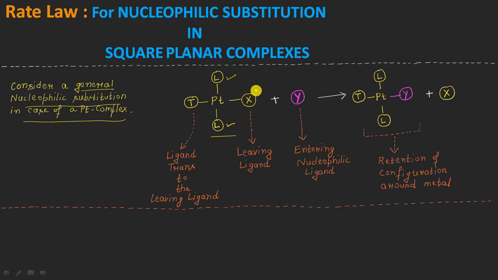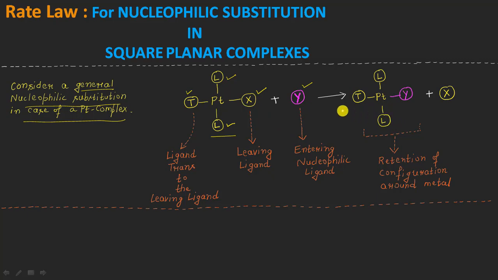And this is the leaving ligand, X, which will be departing from our complex molecule in this product here, and this is the T ligand, or let us say the ligand which is present trans to this leaving ligand, right? And now you can see that we are adding some nucleophilic ligand here, which we call the entering nucleophilic ligand, because it will be entering our system resulting in the formation of this new product, right?